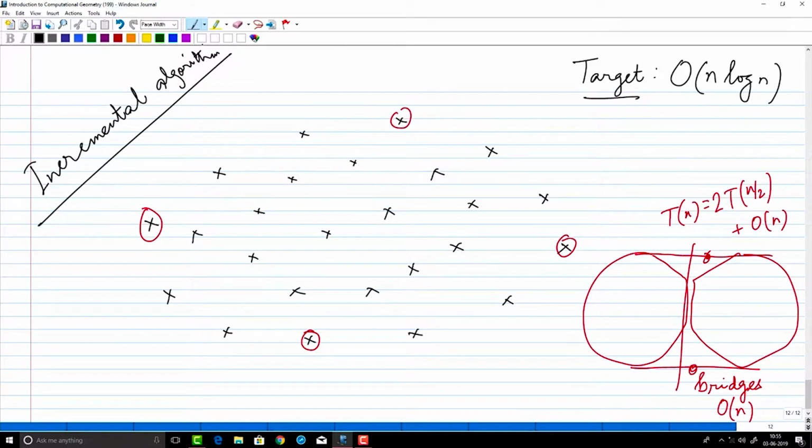An incremental algorithm is like: I will keep on adding points according to some order, and I will try to maintain the convex hull correct up till this point. So, I will insert points in a certain order, and maintain the convex hull correct up to the last insertion.